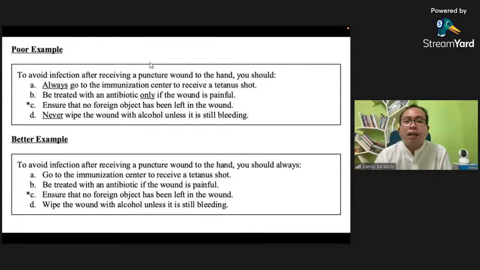But these are all, I should say, descriptors. So in that sense, you have to avoid this so that it would not give students a clue that letter C might be the answer. So ensure that no foreign object has been left in the hand.